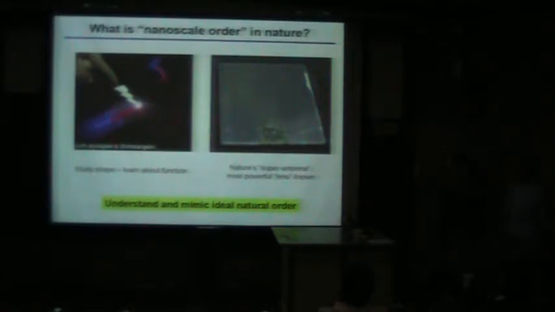So what we're trying to do is find out what the nanoscale order in nature is. Now, this sounds like a very generic question. We're trying to study the shape of objects and learn about the functions of these objects. If you start thinking about the way nature works, it's absolutely mind-boggling.